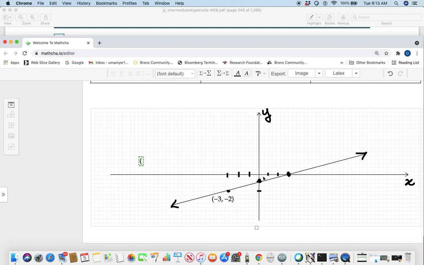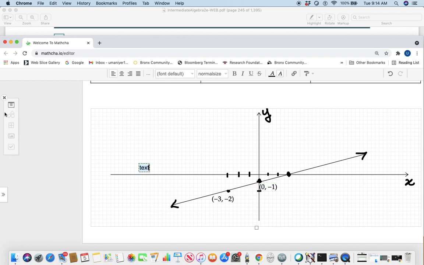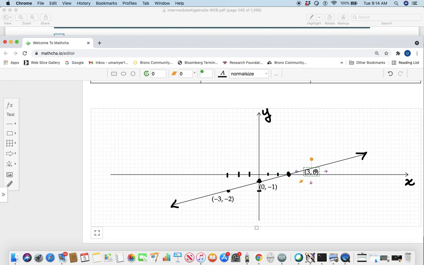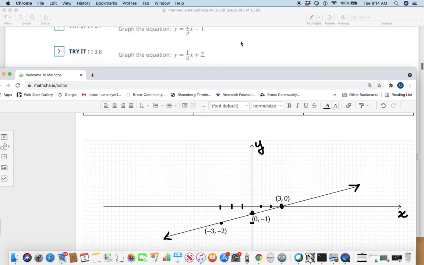This point is x coordinate is 0, y coordinate is -1. This point is x coordinate is 3, y coordinate, you are not going up and down, so y coordinate is 0. That's your line. Okay, let's try one more exercise.